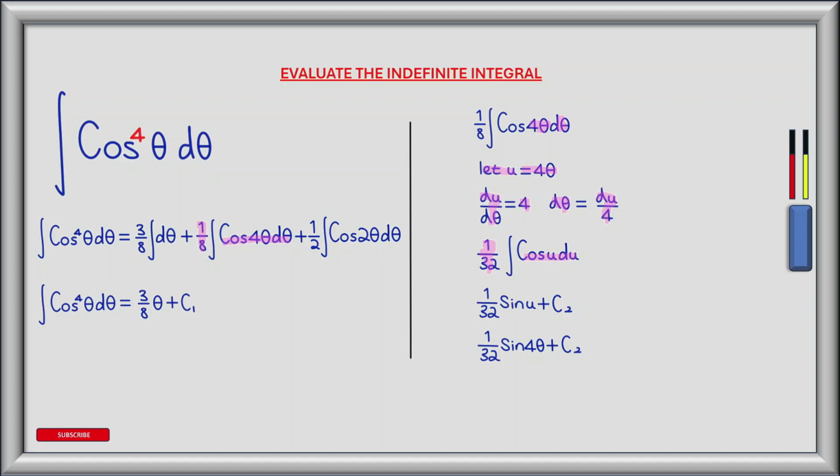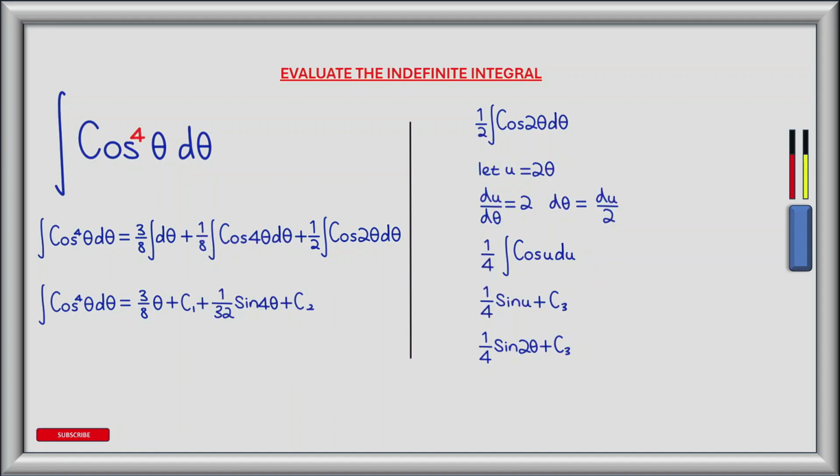The antiderivative of cos u is sin u, so we're left with 1/32 multiplied by sin u plus a constant of integration, let's call that c2. So substituting back in for u, which we know is 4θ, we have 1/32 multiplied by sin 4θ plus a constant of integration, c2.